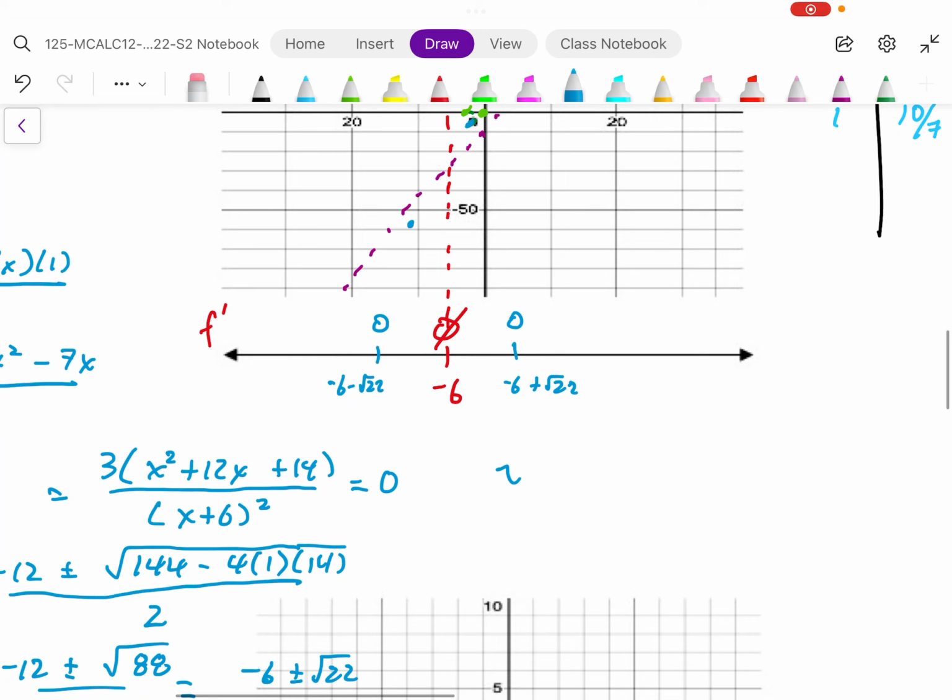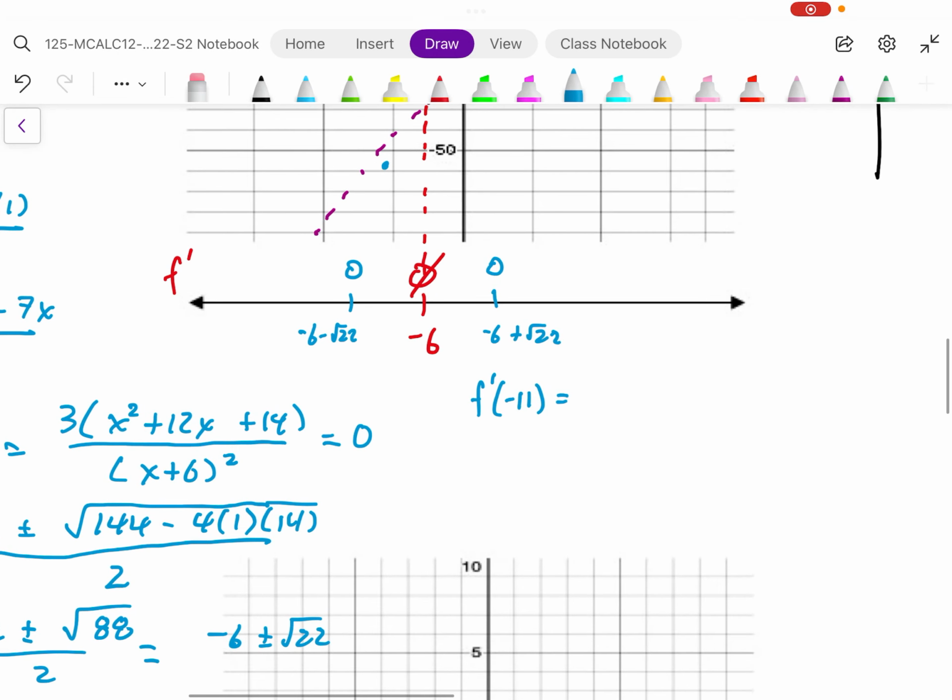I'm going to do my slope test. I want to plug in some values here. F prime at, let's put in negative 11, for example. Putting that into my derivative, I get 11 squared, which is positive 121, plus or minus 11 times 12, so that's negative 132, plus 14.